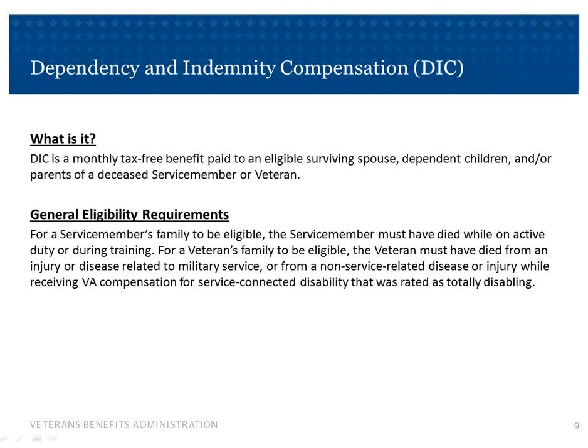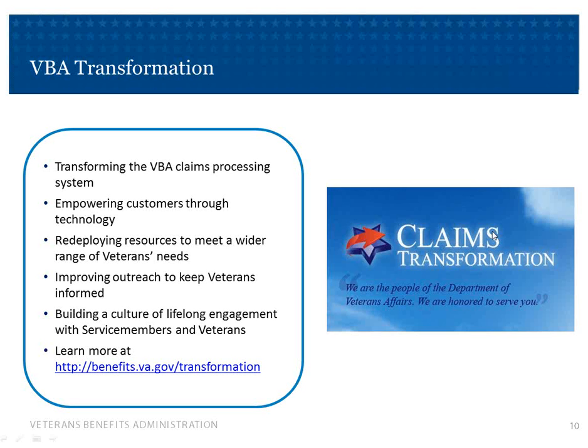All right, Paulette, can you tell our listeners about VBA Transformation, which, as I understand it, is the reason we have such cool programs like eBenefits and the FDC process? Sure, Amy. Moving forward, VBA is on the move and is currently transforming the claims process by creating an electronic processing system as well as implementing a new operating model.